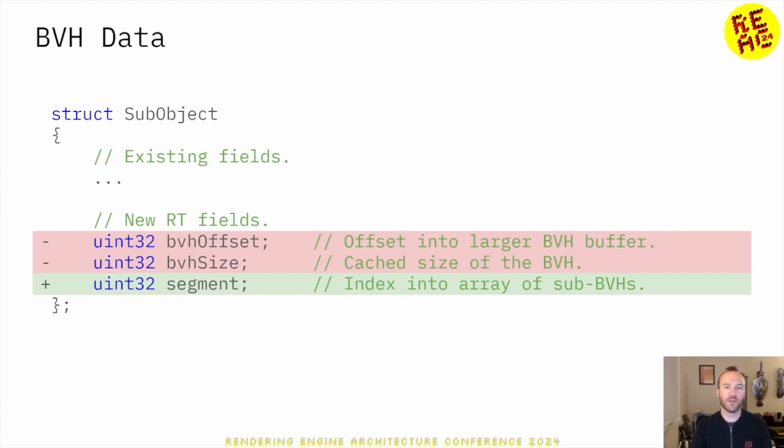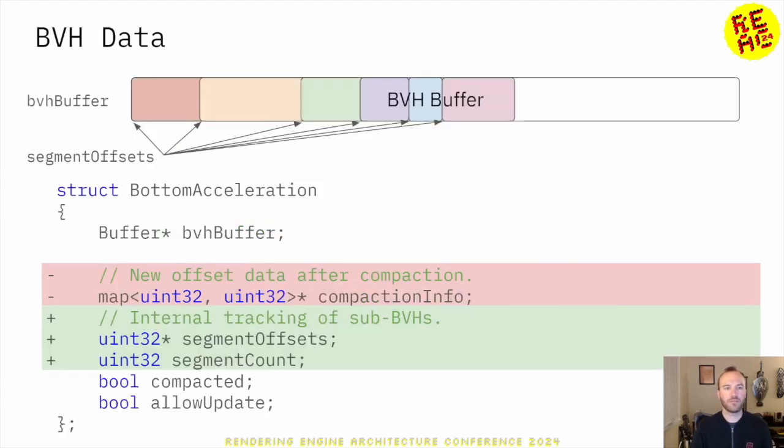Just as before, this field will be filled out on load, but now since we never have a restructuring of geometry data after we load an object, the value itself is never going to change and is thus fitting for an immutable field. The parent struct gains two new fields, the number of sub-BVHs being managed by it and an array of offsets, one for each BVH in its monolithic buffer.